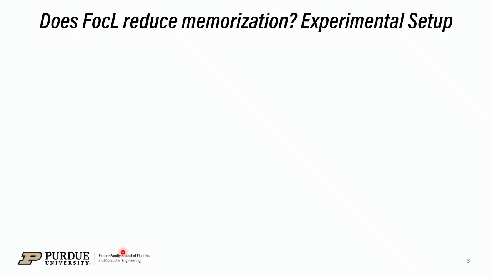So let's look at the experimental setup for the first set of experiments. We use ImageNet extensively for our experimentation. For this analysis, we use ImageNet, and this is our 100K partition where we have 85,000 for training and 50,000 for validation.